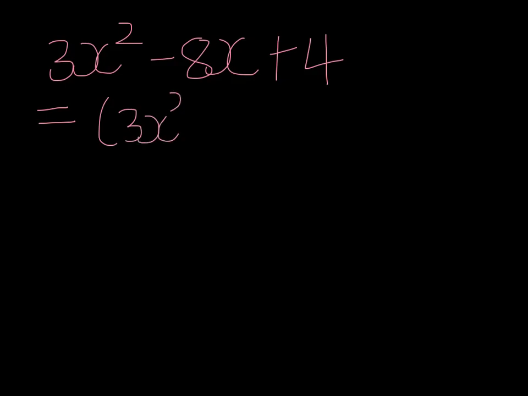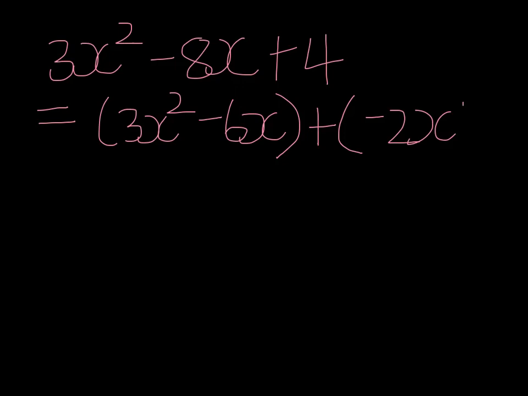I get 3x squared minus 6x minus 2x plus 4. Once again, you have to factorise each of the brackets.